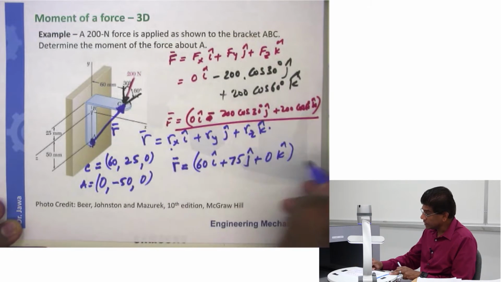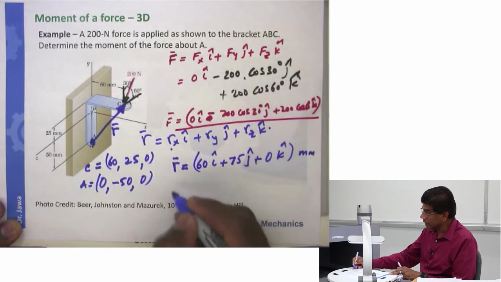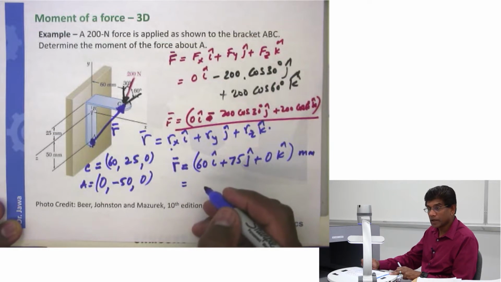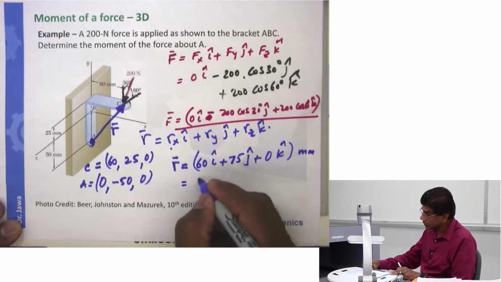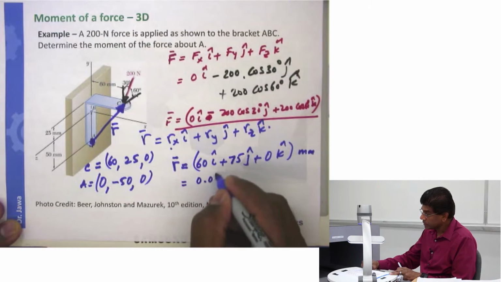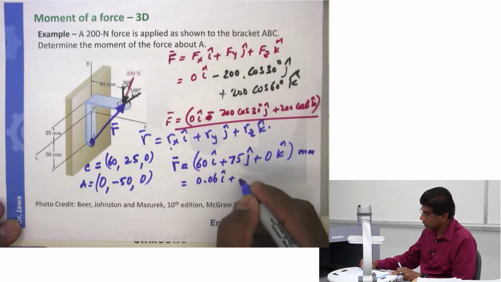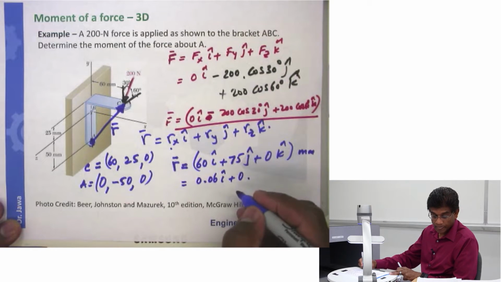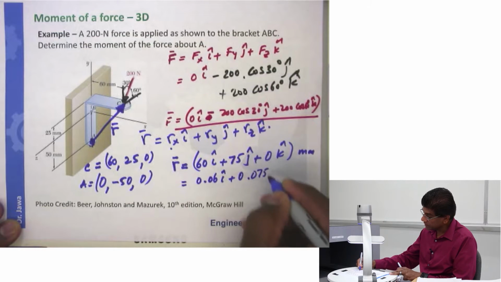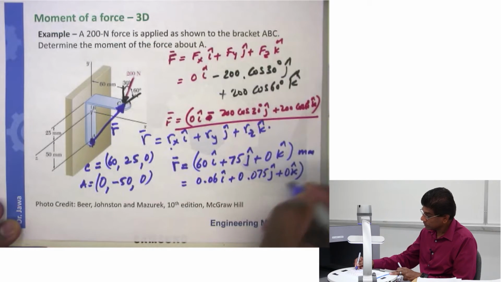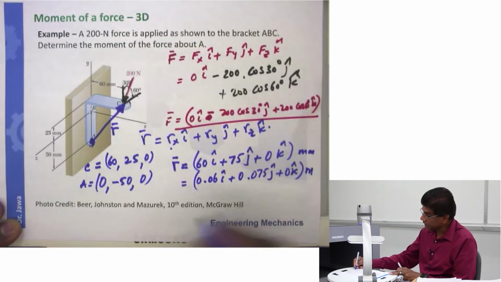Now this is a position vector in millimeters, and if you want to convert that to meters, because we want to calculate the units in Newton meters, I believe this is in Newtons, so it will be 0.06 i plus 0.075 j plus 0 k meter.